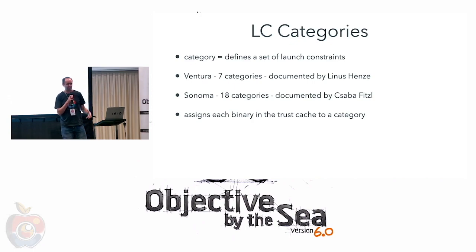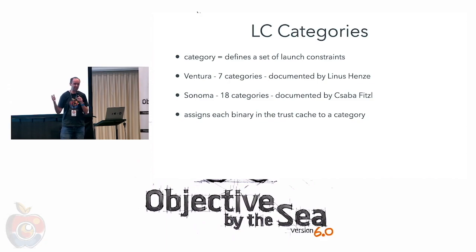A launch constraint category defines a set of launch constraints for the previously defined 3 different constraints. In Ventura, we had 7 different categories that was initially reversed and documented by Linus Henze. In Sonoma, we have now 18.